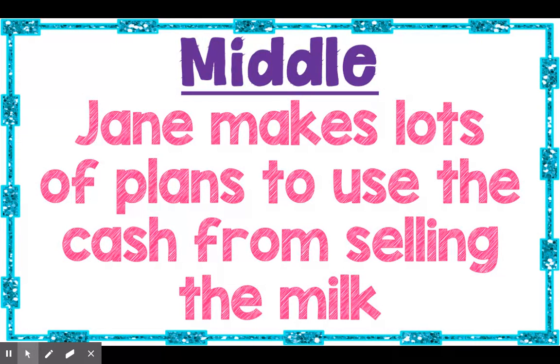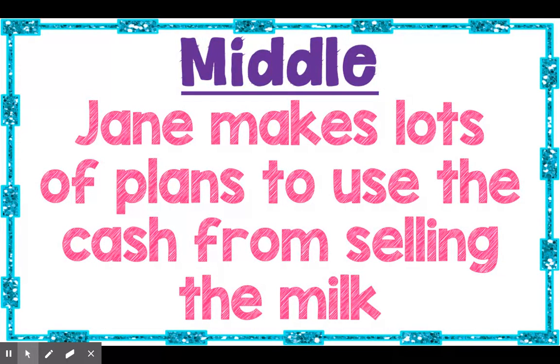Jane makes lots of plans to use cash from selling the milk. Remember, she was going to get the hen and then get eggs and then sell the eggs and get the dress. So she had lots of plans. Okay, I'm going to pause it again.